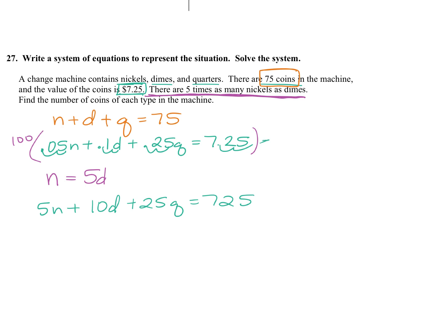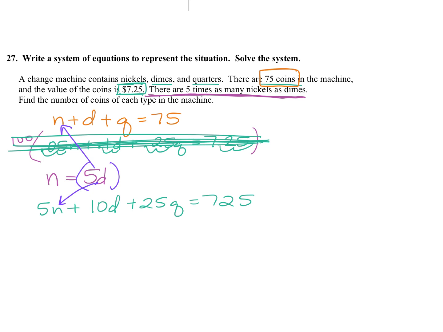So now you have, I'm just going to ignore this one, you have these 3 equations. What should you do next? Substitute. Yeah, substitute your n, right? We know what n equals. So put that here and put that here.